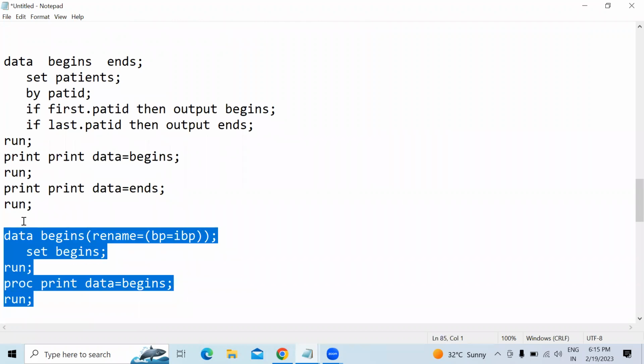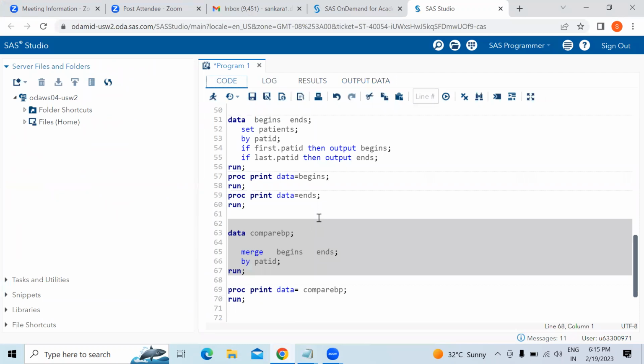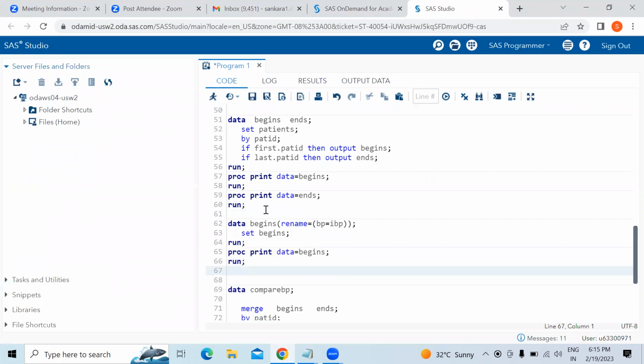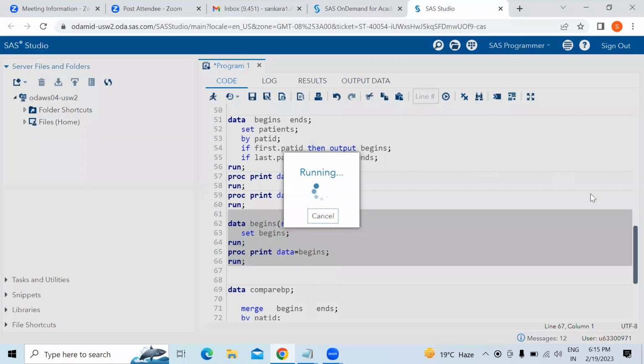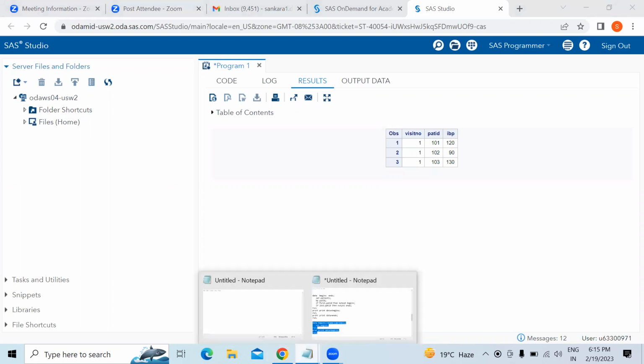Only for begins, check the output, what happens, and what the column names are. The column name is IBP.